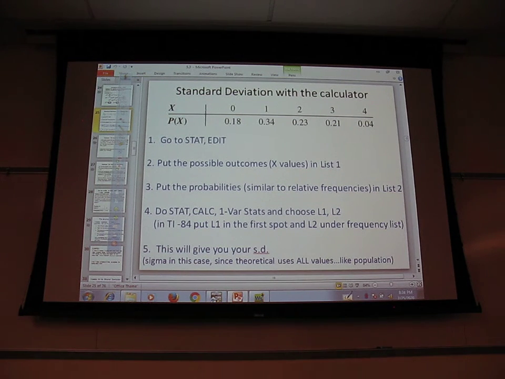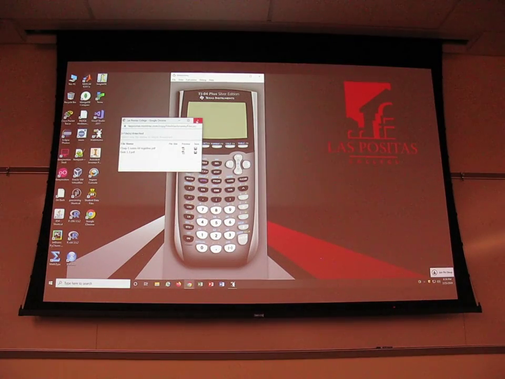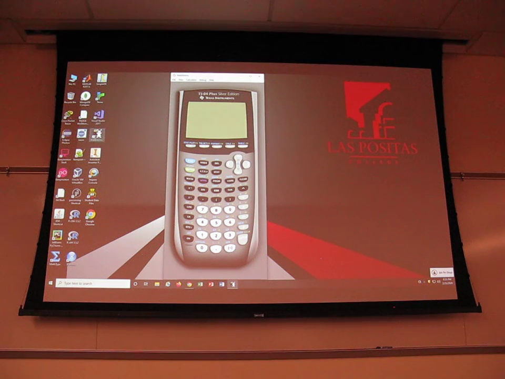So we're going to hop on over to our computers. And we're going to open up our TI calculator. Remember it's the calculator with the little white bunny here? Rabbit Emu. Open it up.